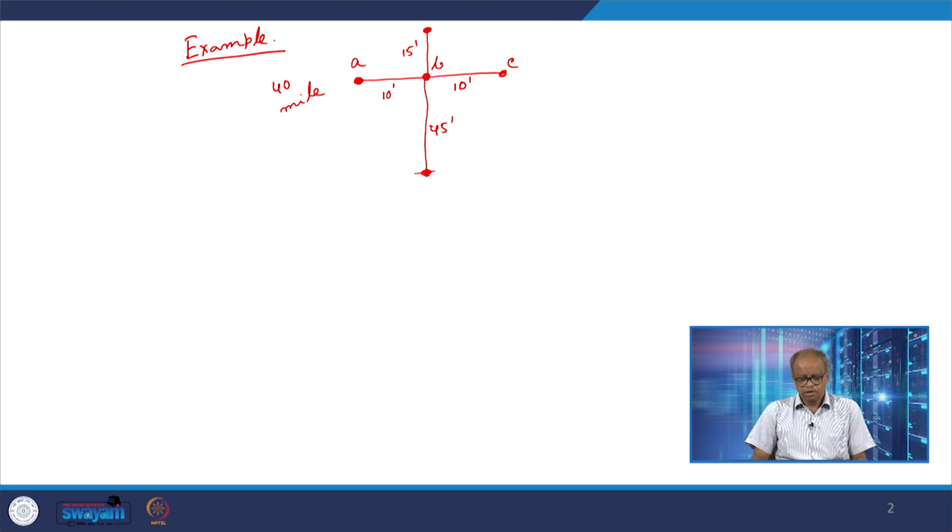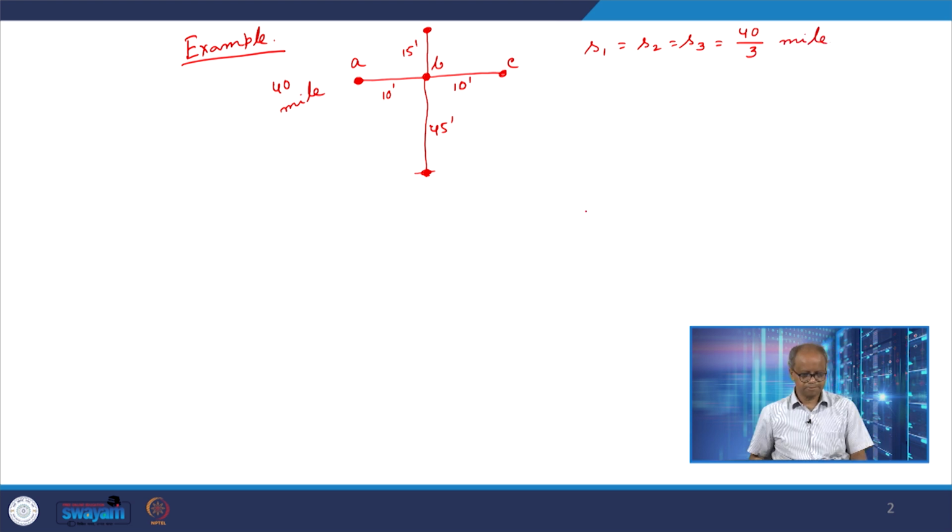So here we are going to consider the case of fully transposed line. That means here we consider that S1 is equal to S2 is equal to S3 is equal to 40 by 3 mile.